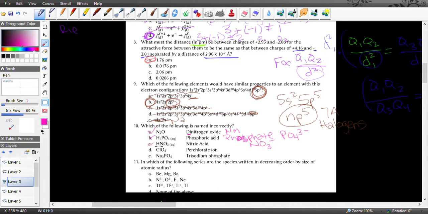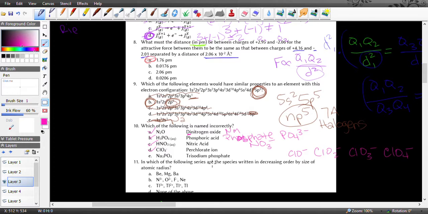Yep, check. Perchlorate ion. So ClO minus, hypochlorite. ClO2 minus, chlorite. ClO3 minus, chlorate. ClO4 minus, perchlorate. Perchlorate ion.